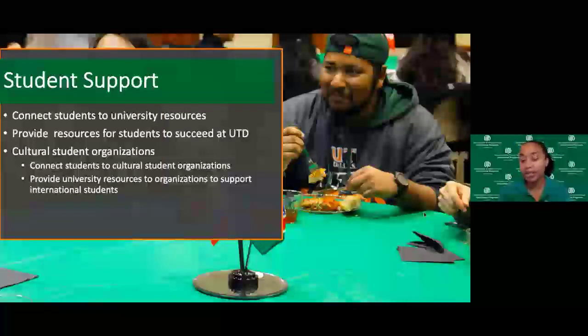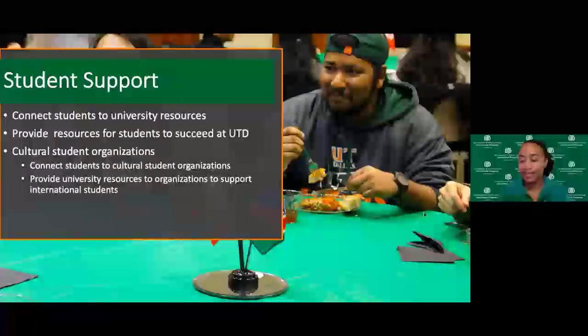So we can help you connect with cultural organizations, as well as other resources that we have. We provide resources to these organizations to help them in their support of international students. Next slide, please.